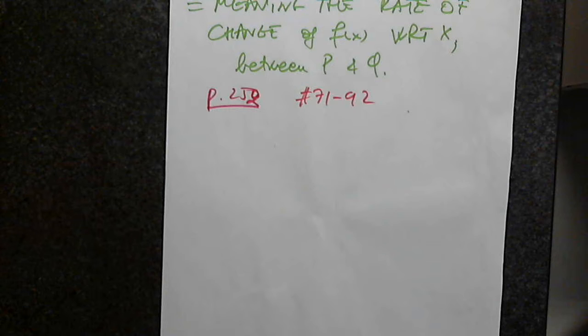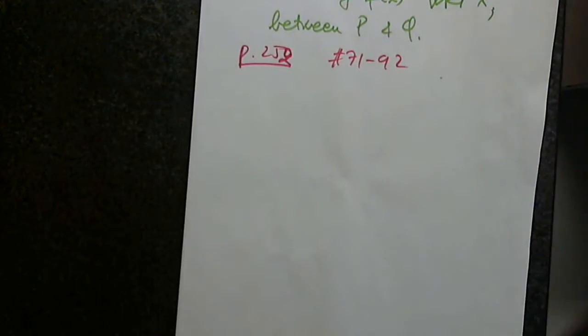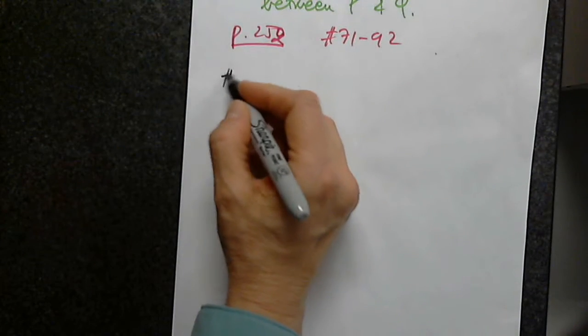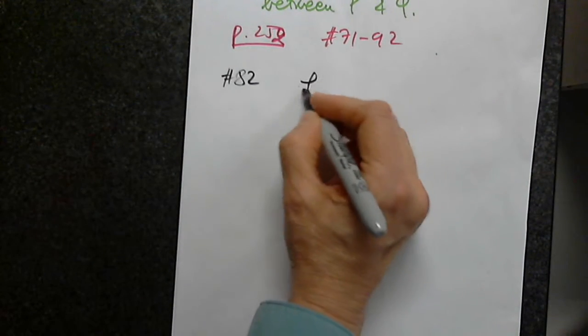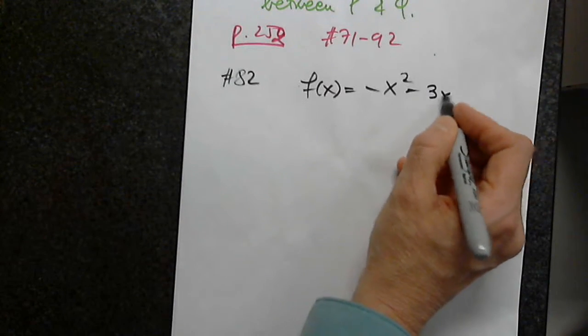Okay, have we chosen one? 72 it is. In 72, that's not a quadratic function. So that's okay. Let's choose 82. So we have f of x equals negative x squared minus 3x plus 1.